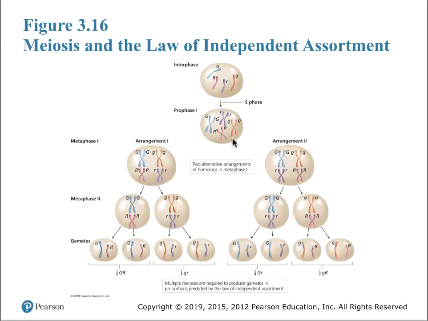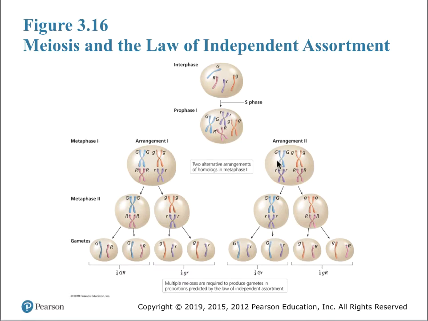The other half is the alternative possibility, in that, once again, the big G is lined up on the left-hand side, but this time the big R is lined up on the right-hand side, compared to this example. And this will happen in the other half, randomly, of his cells.